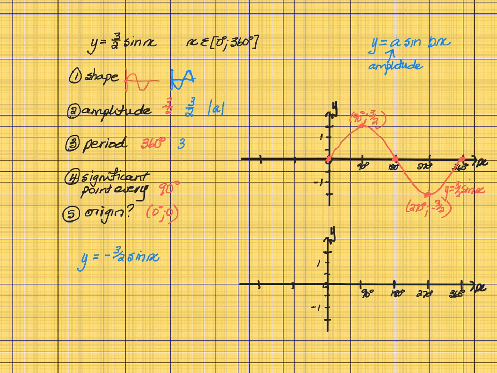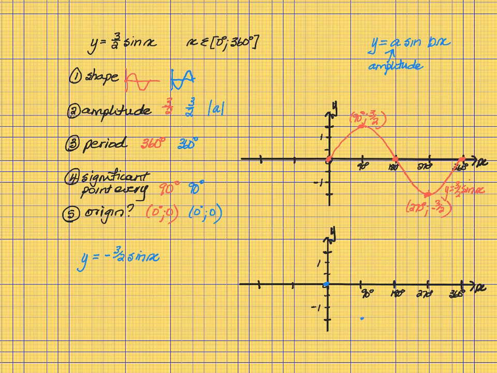The period is unchanged. Because the period's unchanged, you still have significant points every 90 degrees, and this graph still goes through the origin. I'm going to sketch that quickly. You start off at the origin. 90 degrees later, you are going down because you're reflecting it.